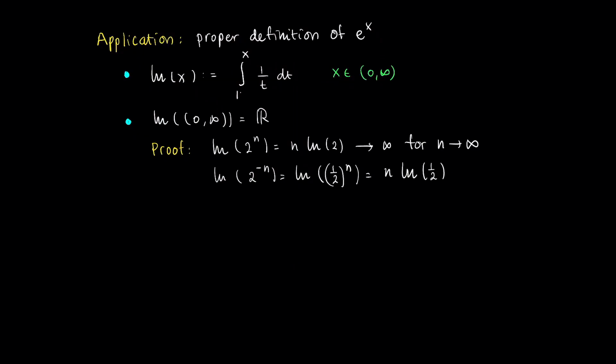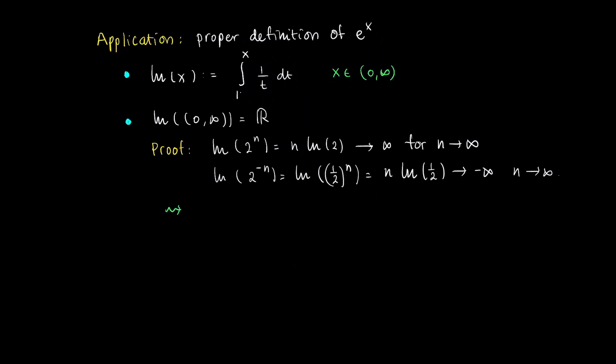Well, the logarithm of a half is the integral from 1 to a half over a positive function. But we should change the integration order, which creates a minus, so the logarithm of a half is a negative number. Right, n is a positive natural number, so this goes to minus infinity if we let n go to infinity.